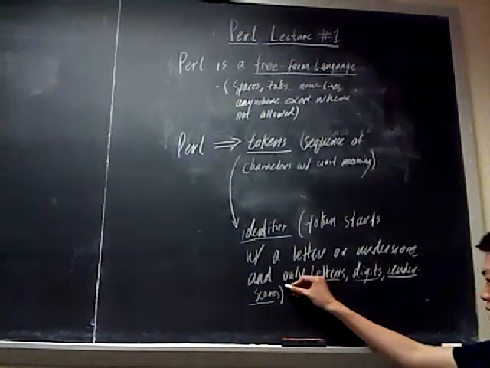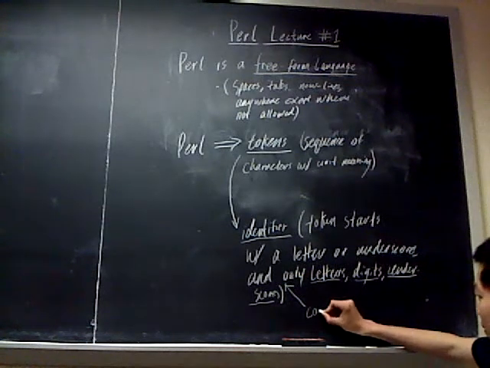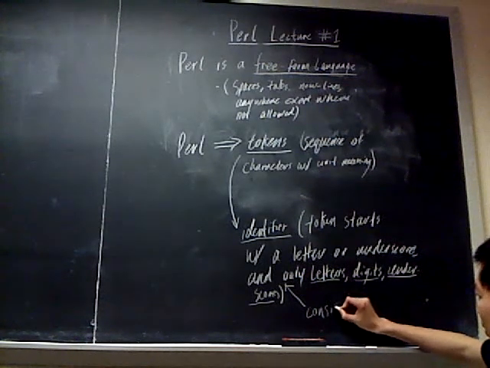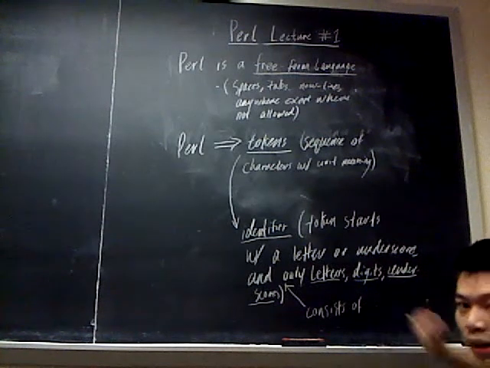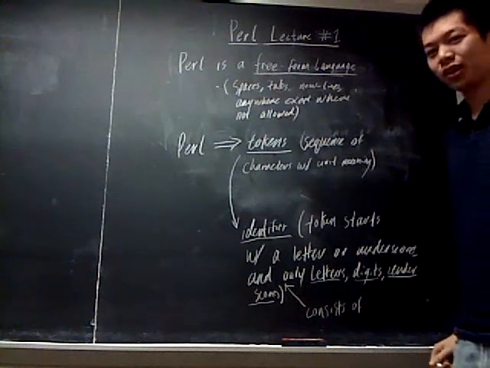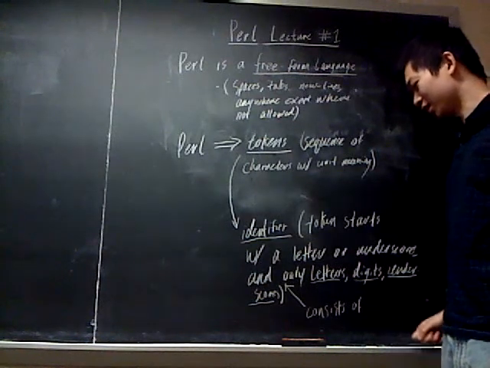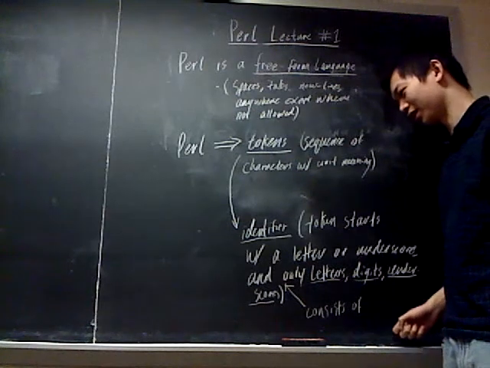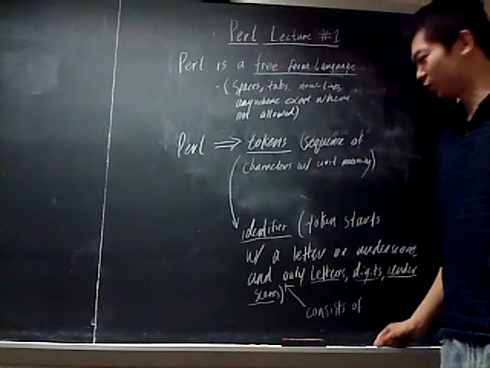I should put this word consists right here. Consists of. That should make it less confusing when you read back over your notes, and the logic of the sentence makes it more clear exactly what an identifier is. So now we're going to move on.